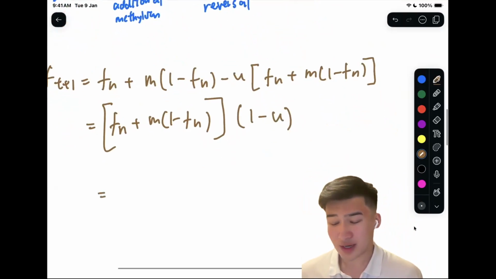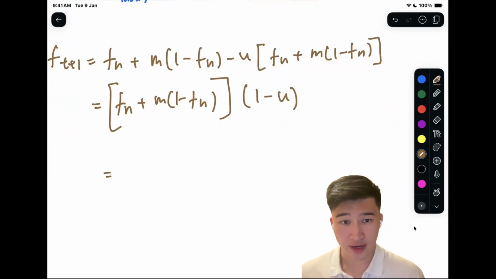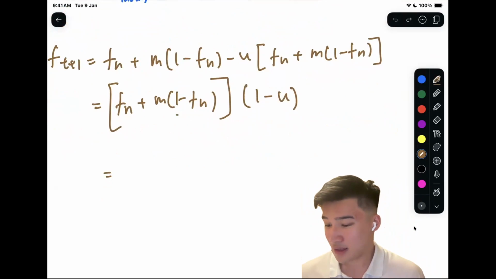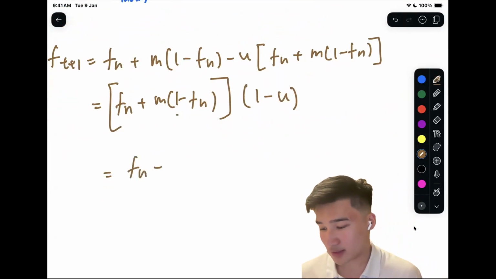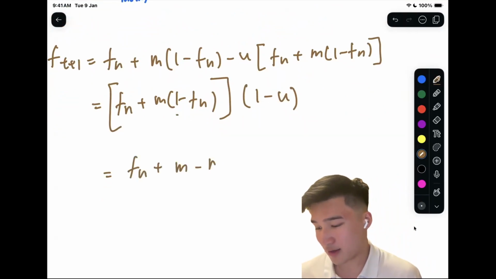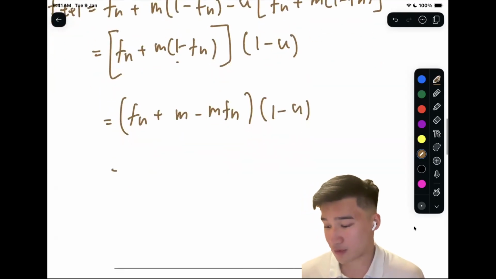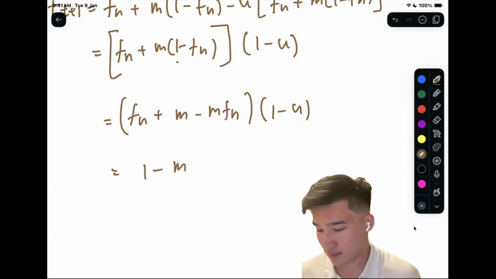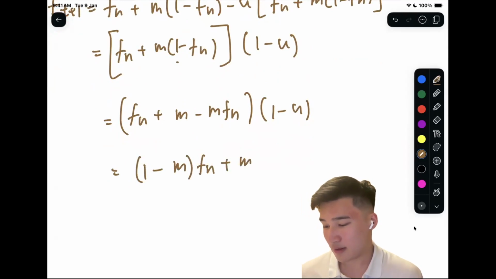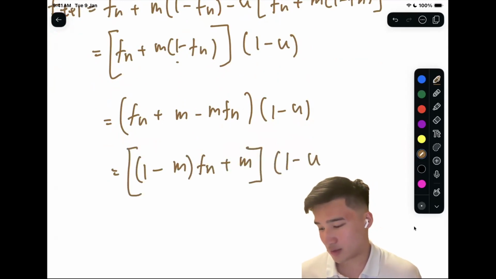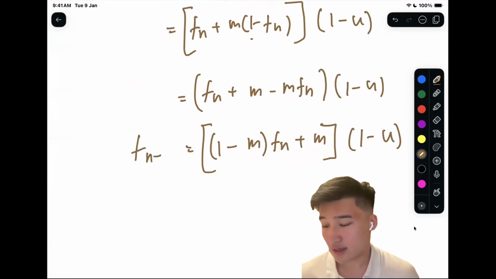Now we have two terms here, and we can even simplify inside: Fn plus M minus MFn, and then 1 minus u. And we can do even more simplification: 1 minus M, taking out from Fn plus M, and then we have a big bracket, and then 1 minus u. So this is the final answer.